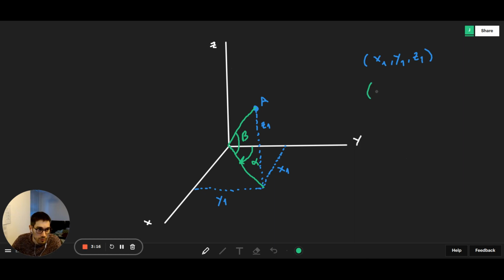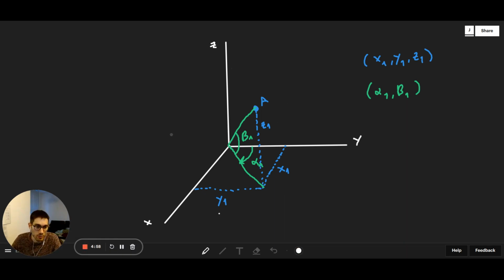Actually, let's call it alpha 1, beta 1. So we got two ways of expressing the location of this point.